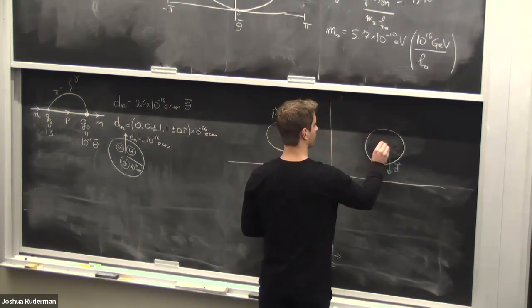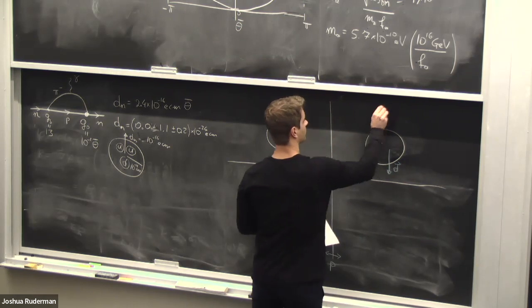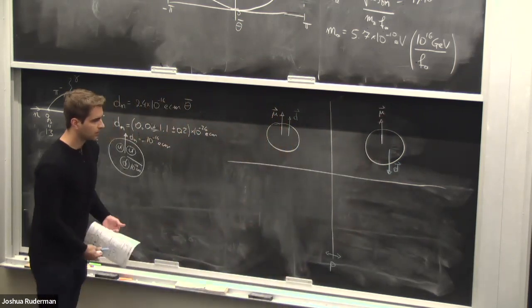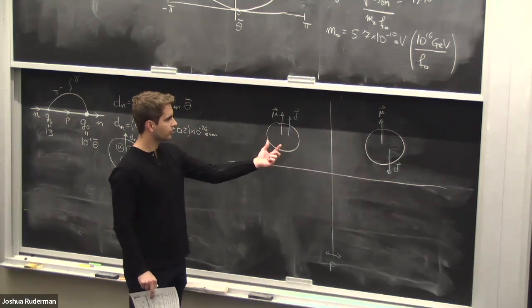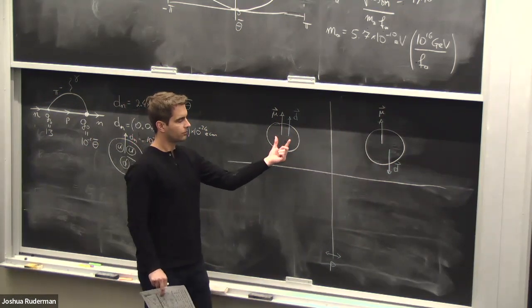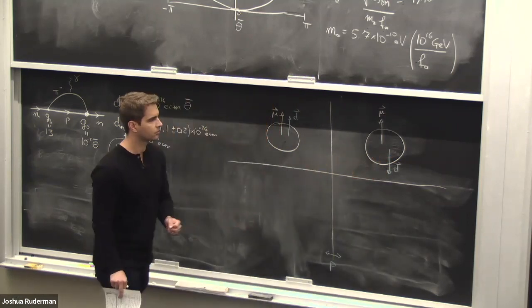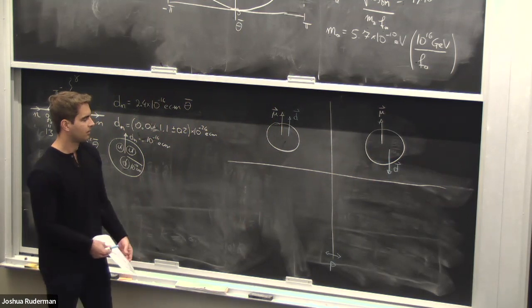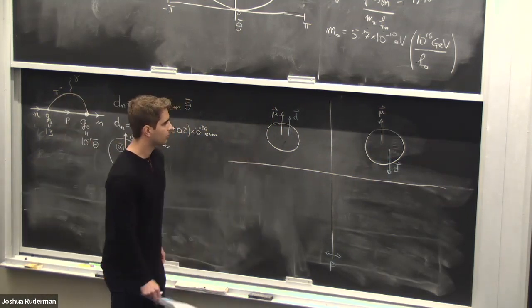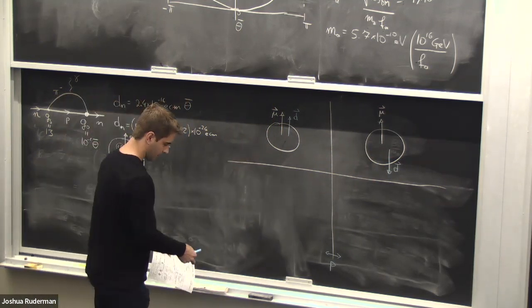So the magnetic moment would still point in this direction. So just by looking at one particle, you can determine whether you live in this universe or in that parity flipped universe. By just observing a single neutron, you can determine whether parity is broken or not.